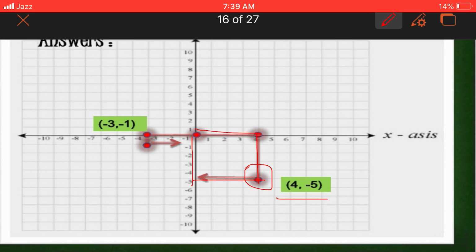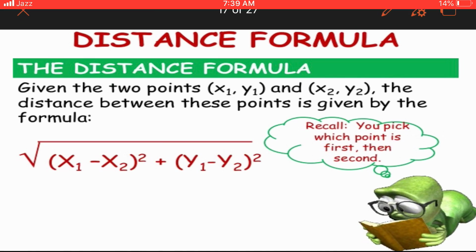Similarly for the second point, which is (-3, -1), since x is negative, we go on the left side of the axis, that is -1, -2 and -3, and for -1 we will go down this one. The point where these -1 and -3 meet is your second point. Hope you will get it.